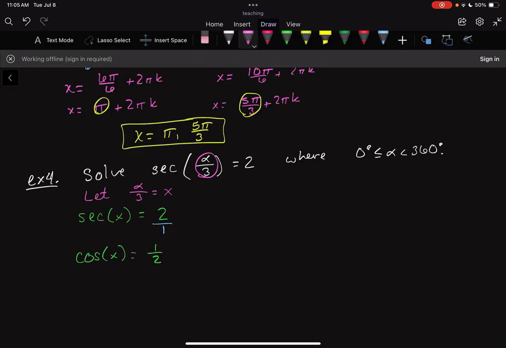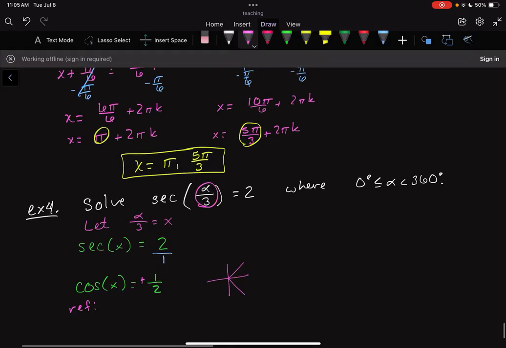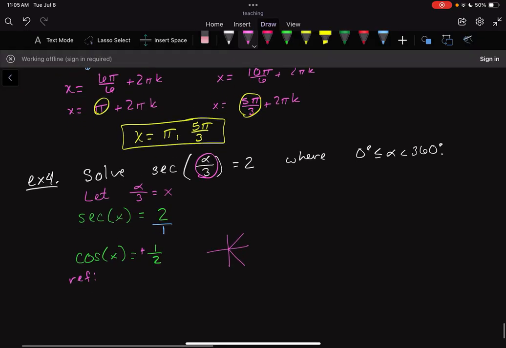So now I'm just going to treat this like normal. So cosine is equal to a half. It's positive, so I'm going to be thinking about where cosine is positive, which is going to happen in 1 and 4. My reference here, cosine is 1/2 at 60 degrees.